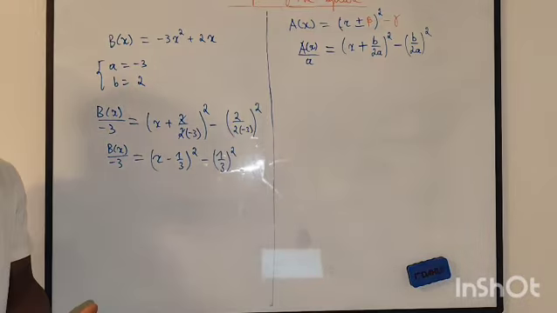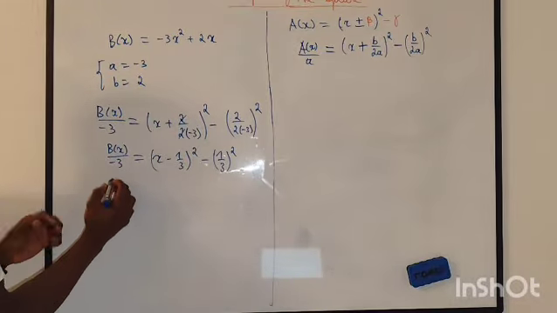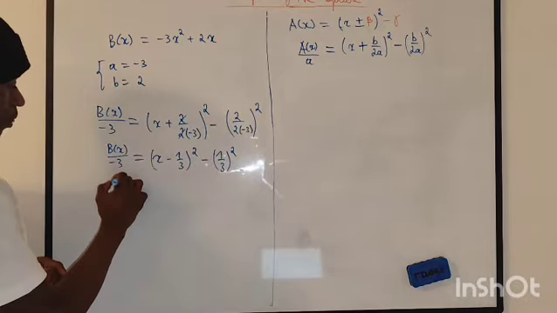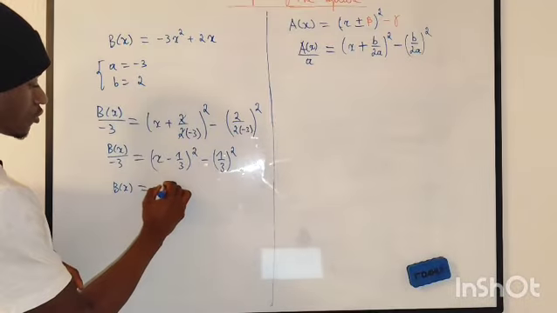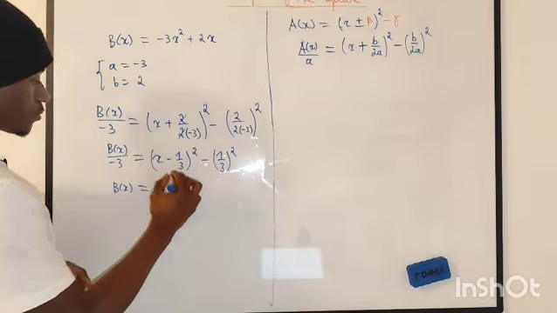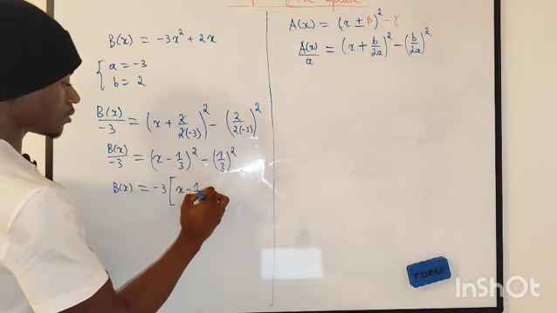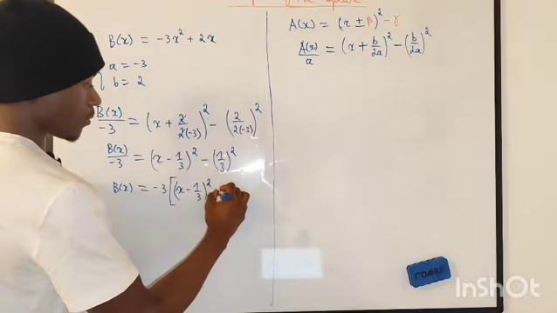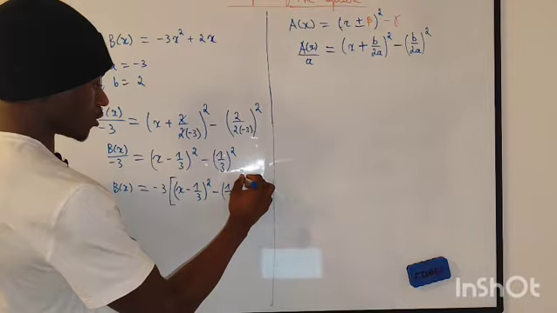To go furthermore, we can also decide to multiply each part of the equation with -3. We will become bx equals to -3 times x minus 1 over 3 square minus 1 over 3 square.